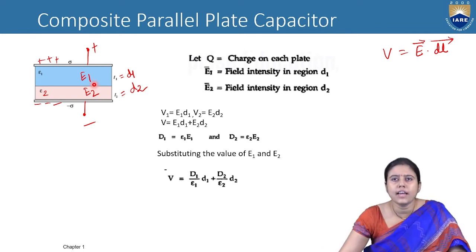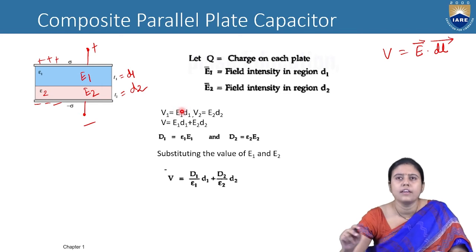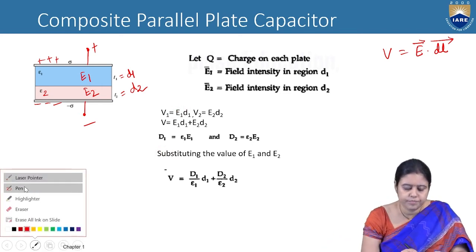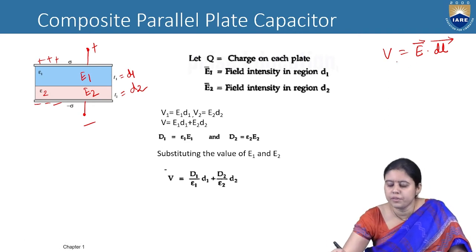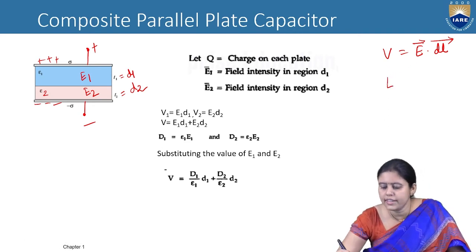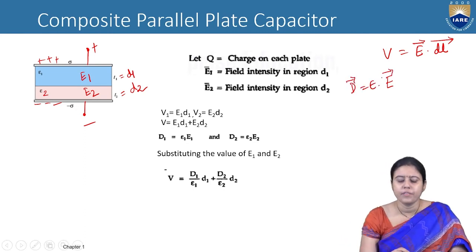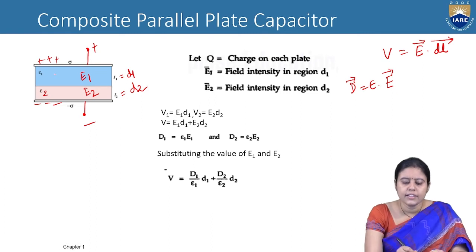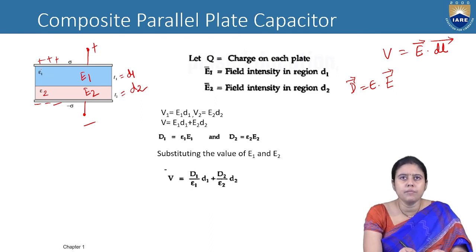Now we will think about what E1 is. According to Gauss law, D is equal to epsilon into E. We are thinking the permittivity of this medium is epsilon 1 and for this medium is epsilon 2.